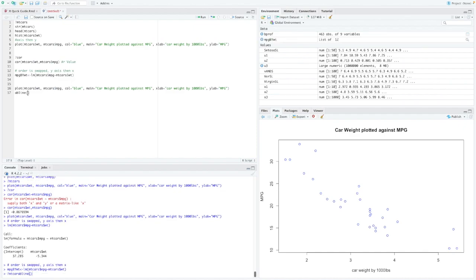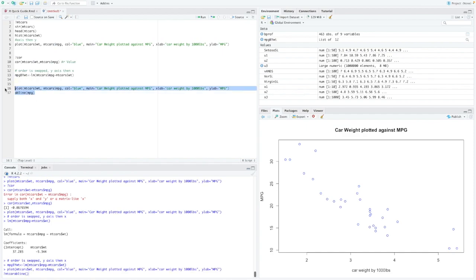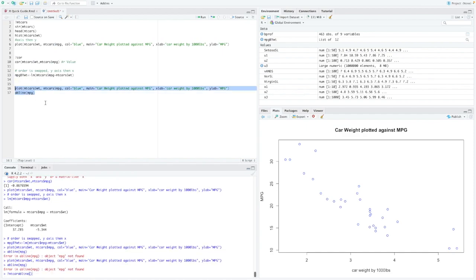And then I'd have abline MPG by weight. See, it pops up. And that symbol, let me show you that again. This little symbol is like your linear model symbol, like it's something you defined. So I could go ahead and plot this. MPG by weight. There we go.